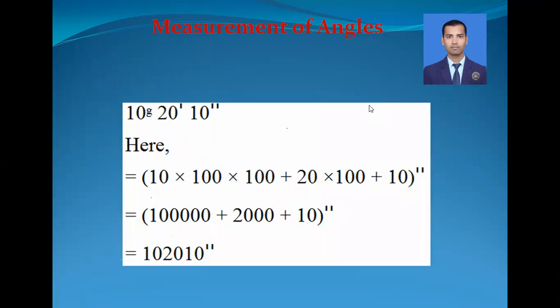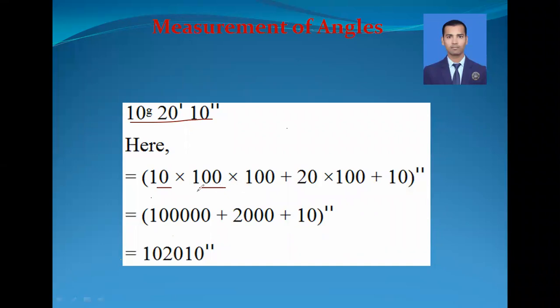In the same way, in the condition of this type of question, there are 10 grade, 20 minute, and 10 second. At that time, again we should follow the same rule that we followed for the sexagesimal system. That is, the grade should be multiplied by 100 to get minutes.